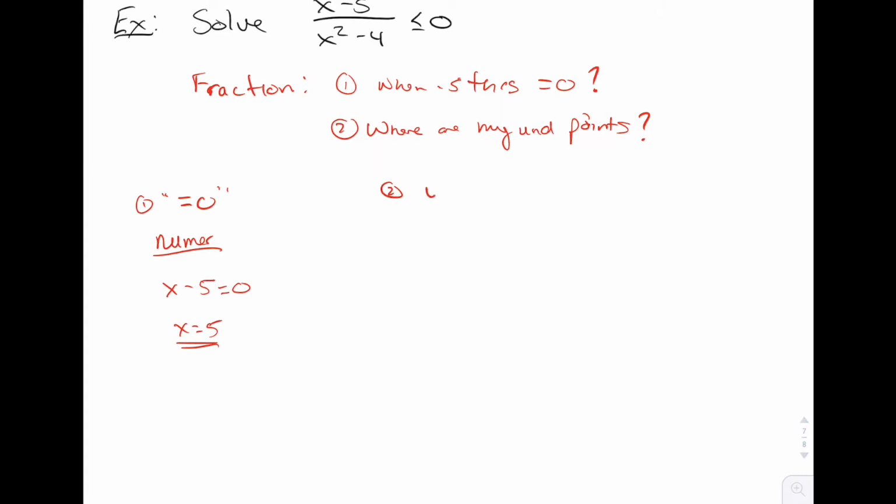The second thing is I want to find my undefined points. So I'll take that denominator of x squared minus 4 and set that equal to 0. Again, I get x minus 2, x plus 2 is equal to 0, and x is equal to 2 and negative 2. These are also points I want to put on my sign diagram.